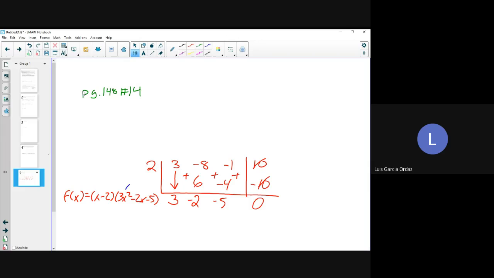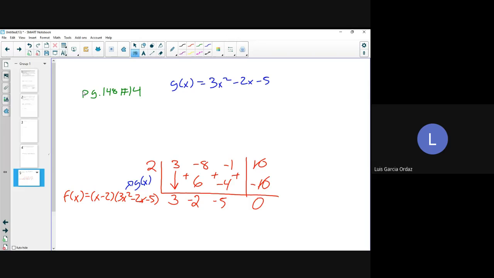So we're going to name this g of x, just so we don't get confused. So we have g of x is equal to 3x squared minus 2x minus 5. So what would our product be and what's our sum? Let's start with the easy one. What's the sum? What's the middle coefficient?